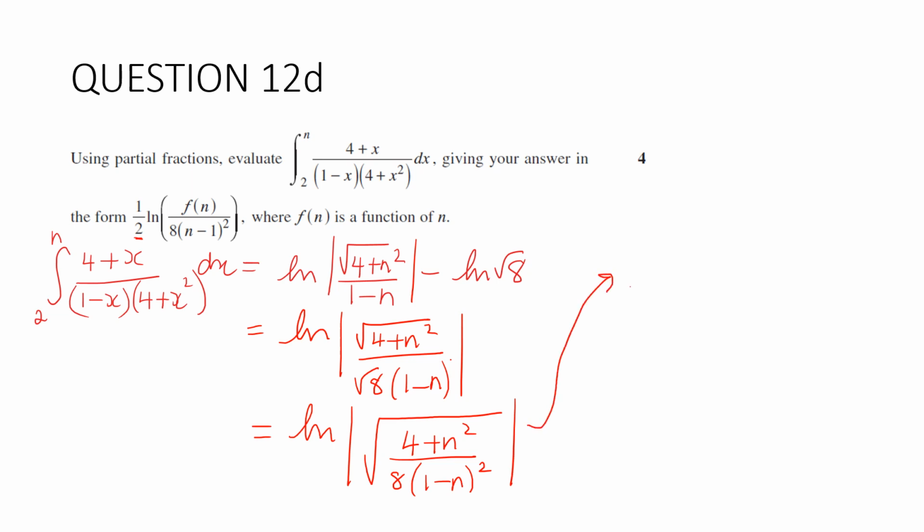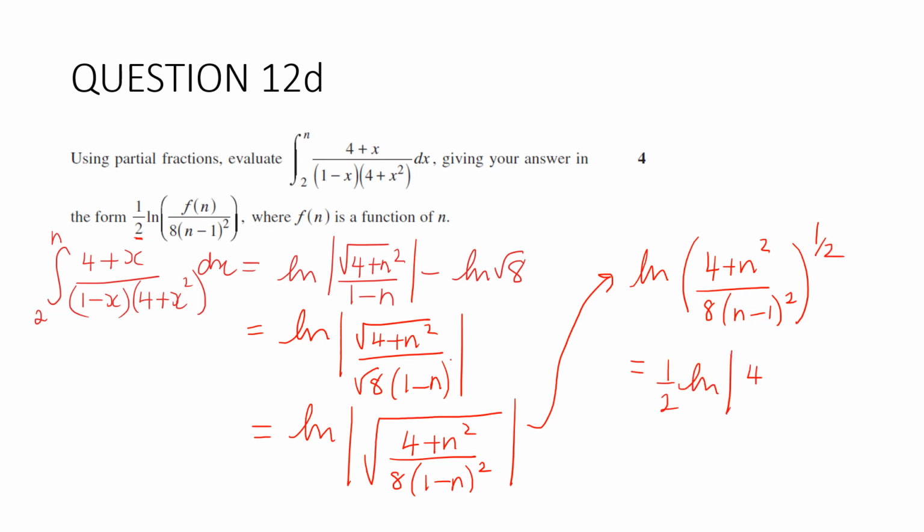So this is equal to ln 4 plus n squared on 8 n minus 1 all squared to the power of half, which is equal to a half ln 4 plus n squared on 8 n minus 1 all squared. Is that it? Half ln a function in n, 8, and 1. Yes.